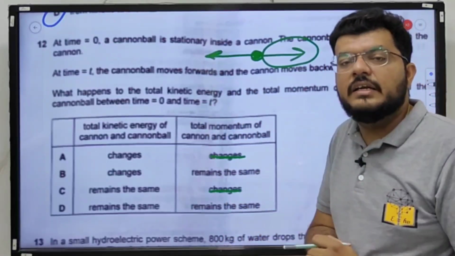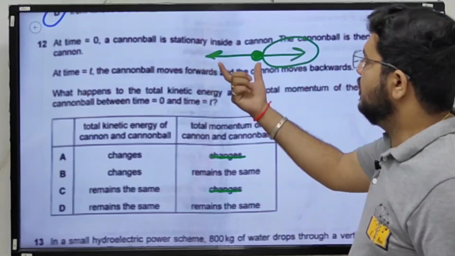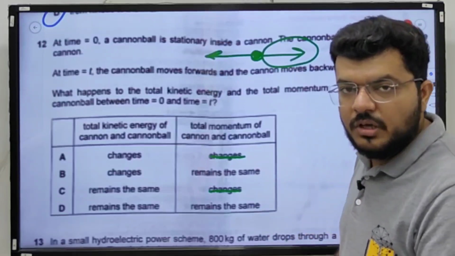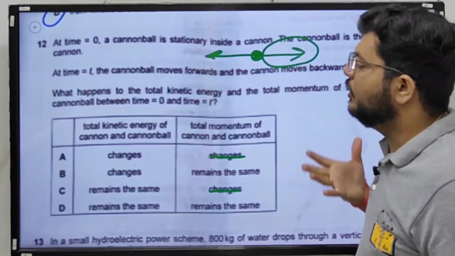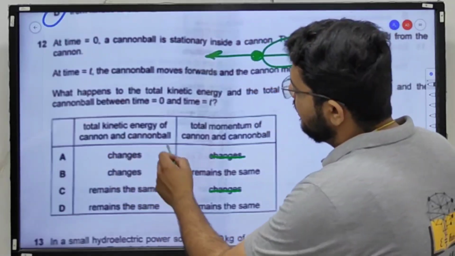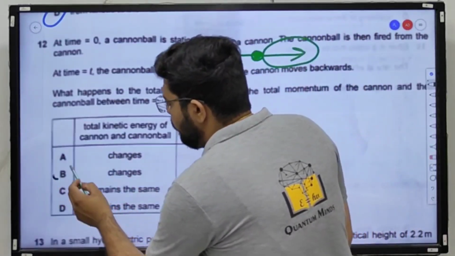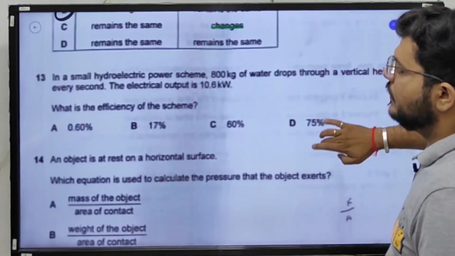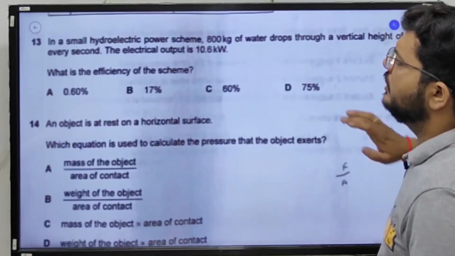On top of that, kinetic energy is not a vector. So in the case of momentum, the forward and backward momentum get cancelled out, but kinetic energy gets added up because it's not a vector. So I will say total kinetic energy changes and the total momentum remains the same. Option B.